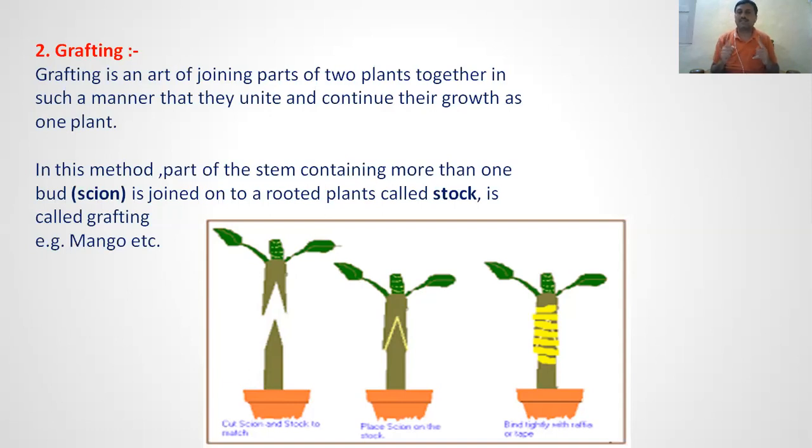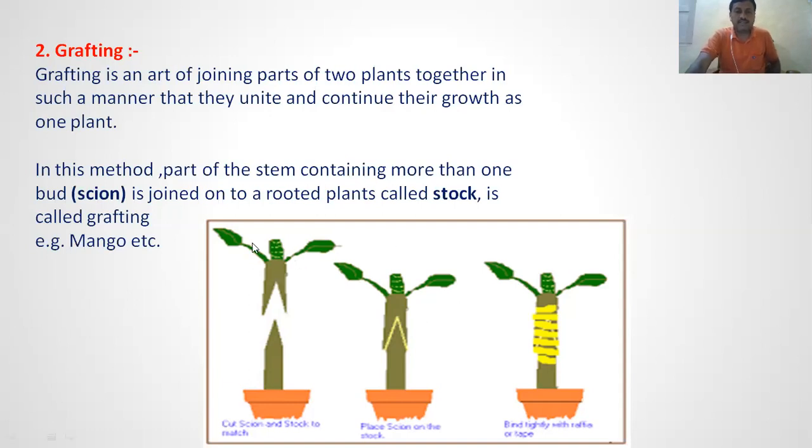Two different species are crossed. One scion bud is inserted into the rooted plant, which is also known as the stock. Example, mango plants, like this diagram.